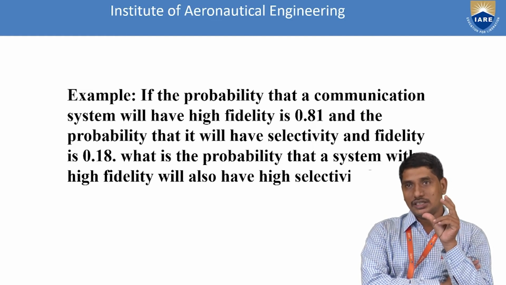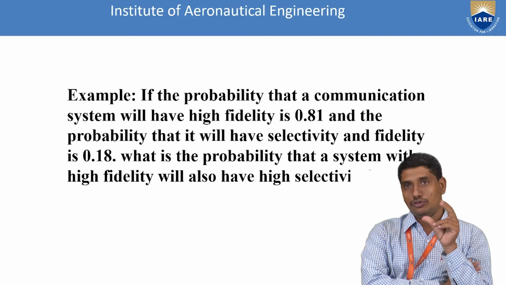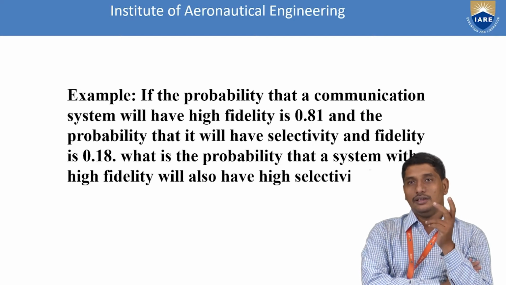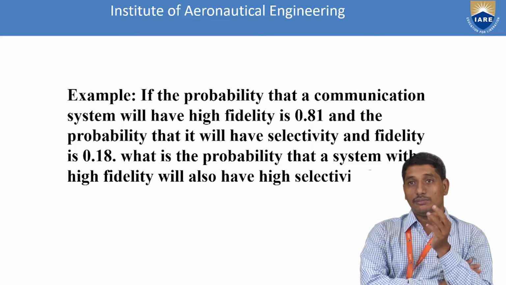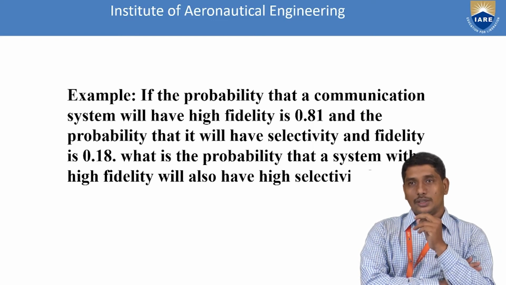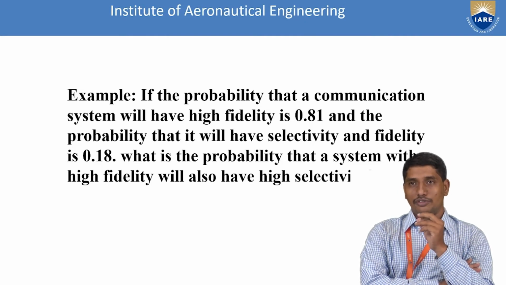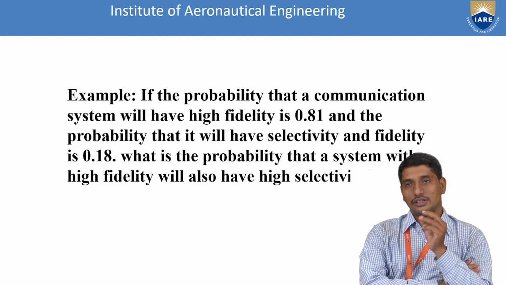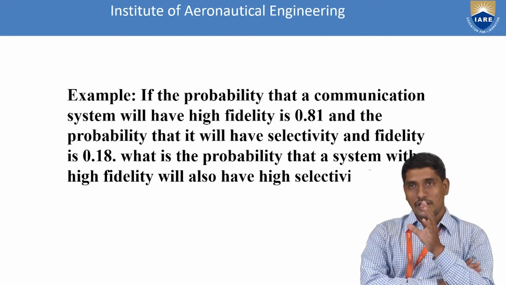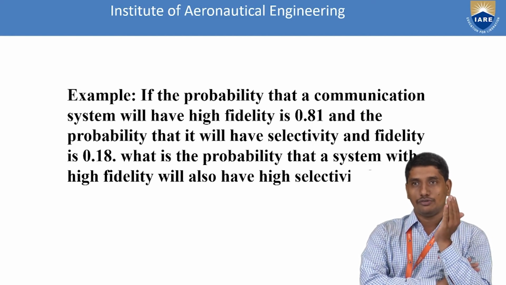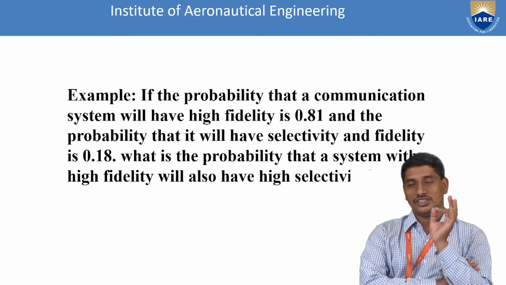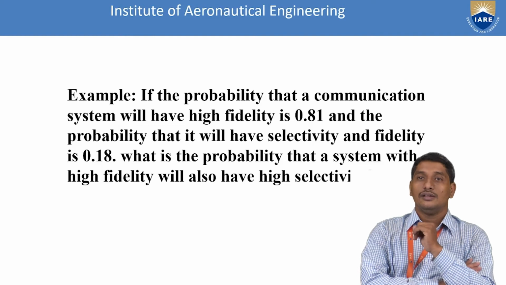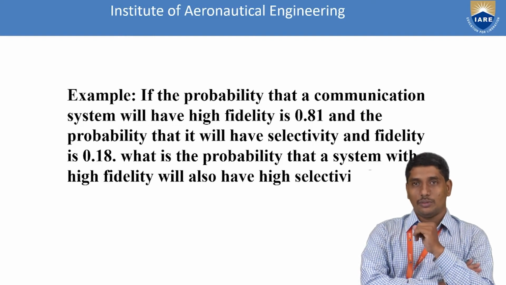The probability that a selected Samsung smartphone will have high fidelity, that means long life, is 81%. That means Samsung mobiles are popular in fidelity with 81% reliability. Whenever you select Samsung brands, 81 out of 100 have long life and long sustenance. That is the track record of Samsung mobiles.